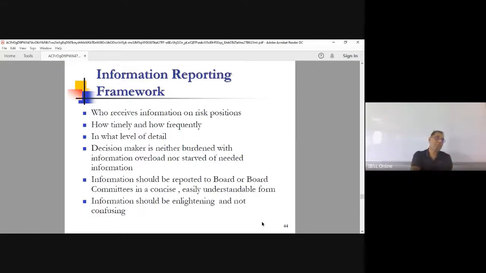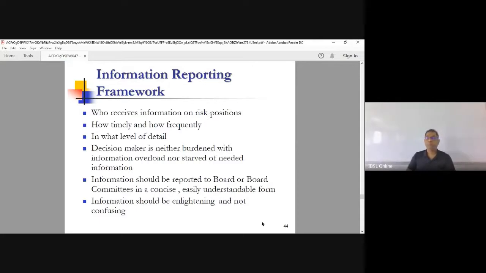Why is this important here? Because when you go for an ALCO meeting, and from an ALM perspective, you have maybe 2 hours, 3 hours. Like I said, it could be weekly, it could be once in 2 weeks. There are so many things to cover, you cannot have a detailed report in front of you to go through.